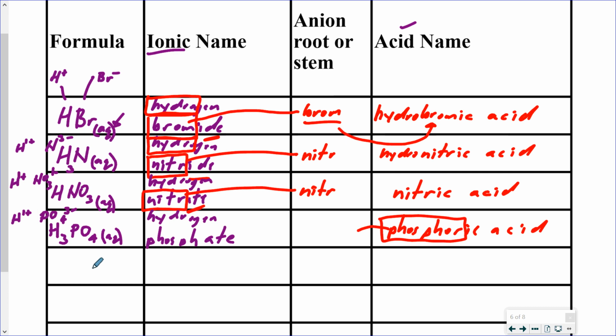So I won't keep flipping back and forth between the periodic table and this. So let's do this one here, H2SO, and I just need to check myself to see which one we want to pick. It's going to be the SO3 that we're going to pick here, and that's AQ.